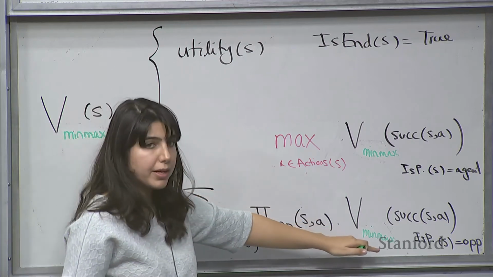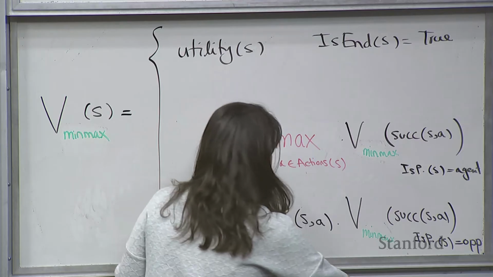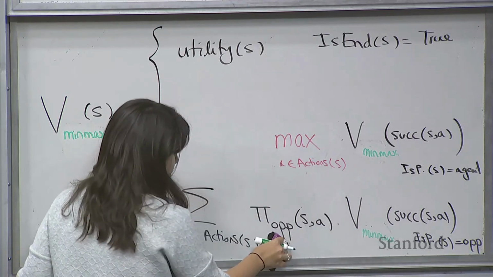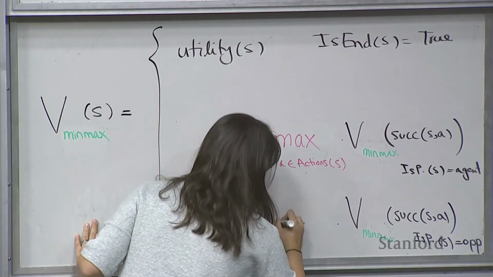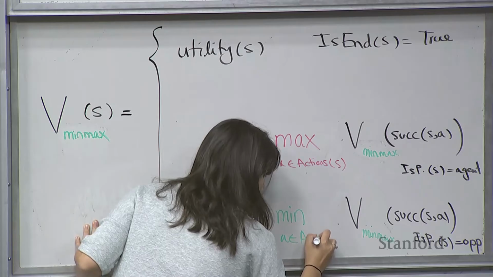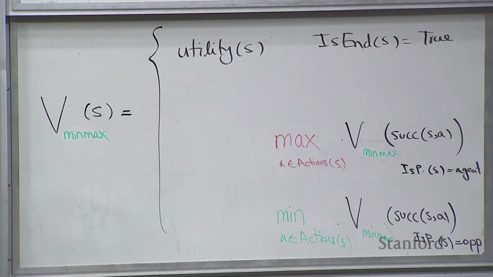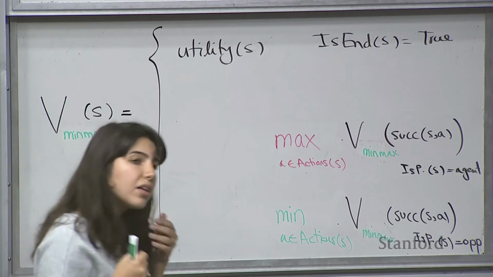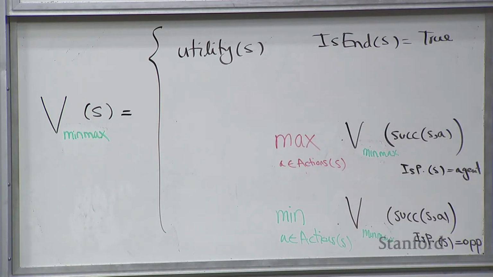What if the opponent is playing? The opponent is going to minimize, right? I don't have access to pi up, so I'm going to remove this and say the opponent is going to take an action that minimizes the value of the successor of s and a. Okay? And this is how you would compute the value of a minimax policy. This is assuming that the adversarial agent consistently tries to minimize the utility for the agent.